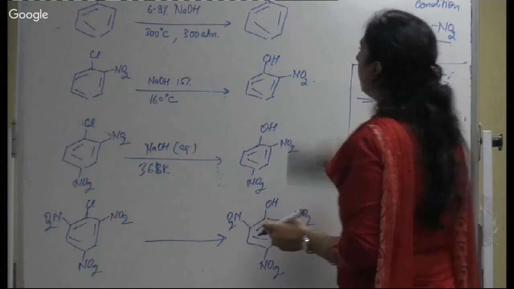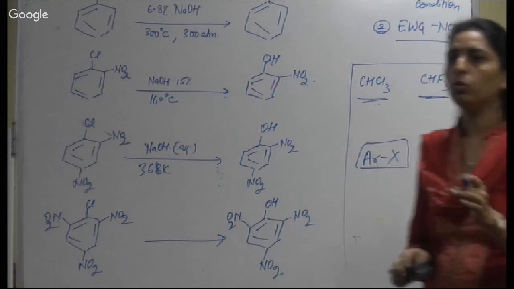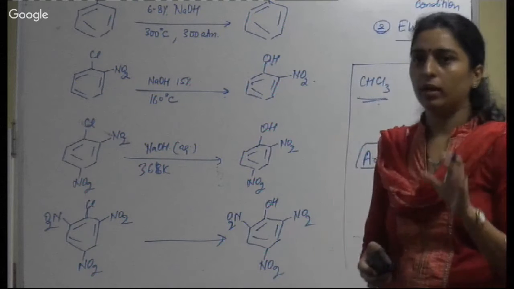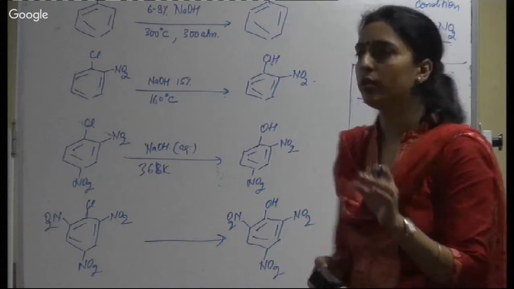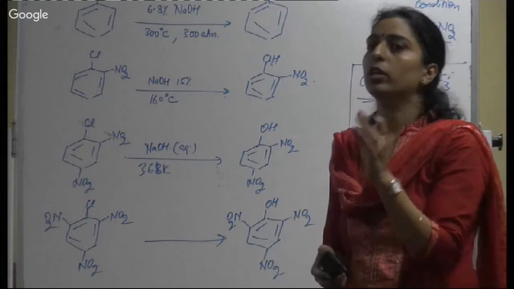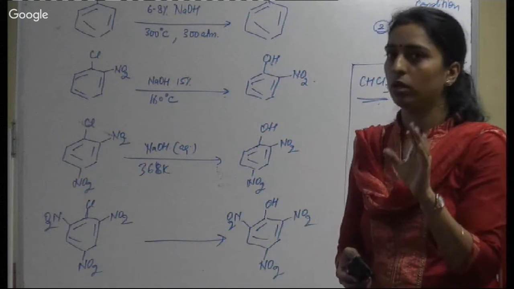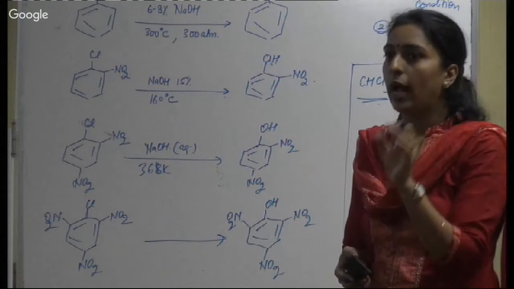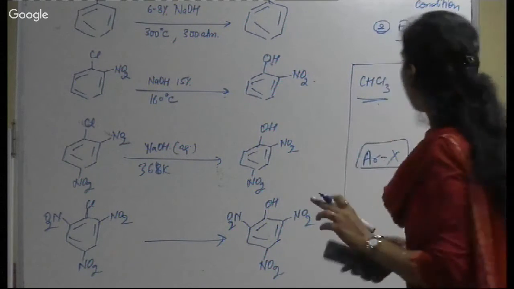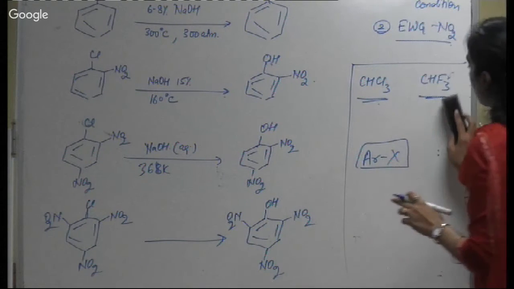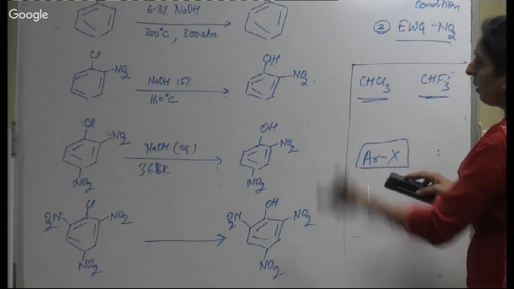Whenever you want to say that a compound is acidic, what you will have to do is remove a particular proton which you are talking about. Remove a proton, and after the removal of the proton, if the anion which is formed is resonance stabilized... I want to discuss this.